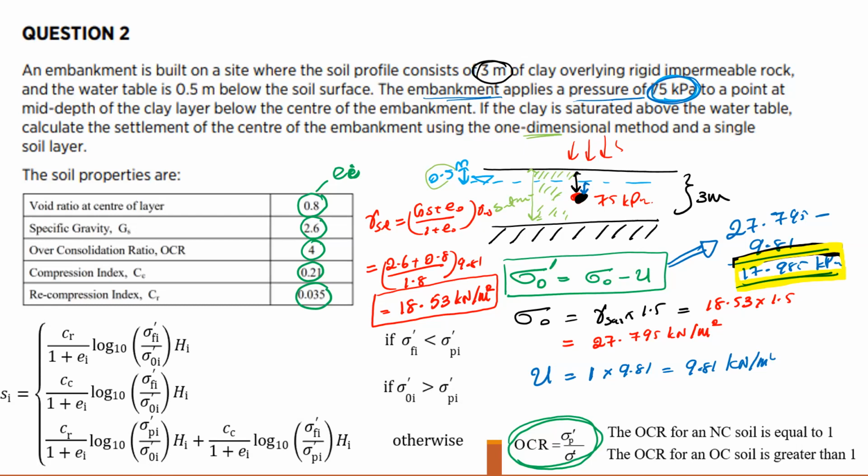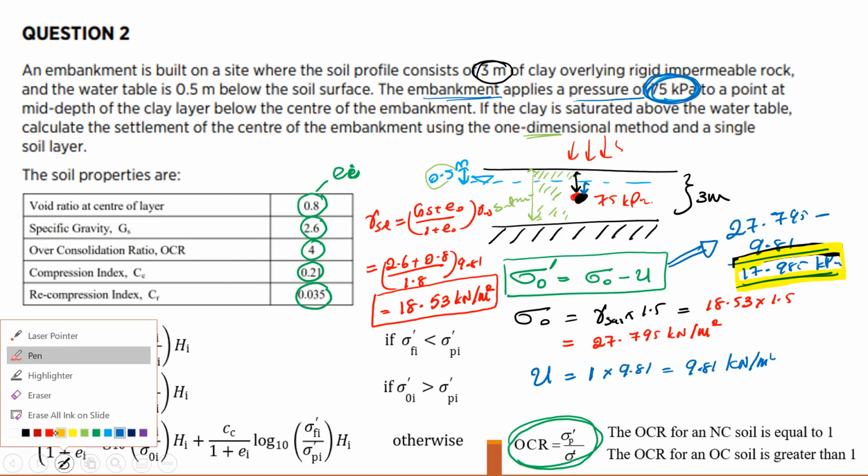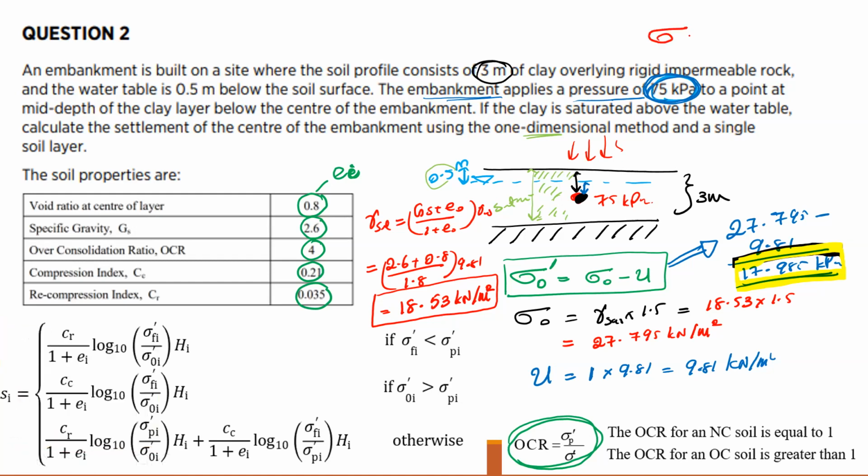So the final value is easy to find. You have the initial value of 17.985. If you add this stress increase due to the embankment to that, you get the final value. It's that easy. So what is your final value?